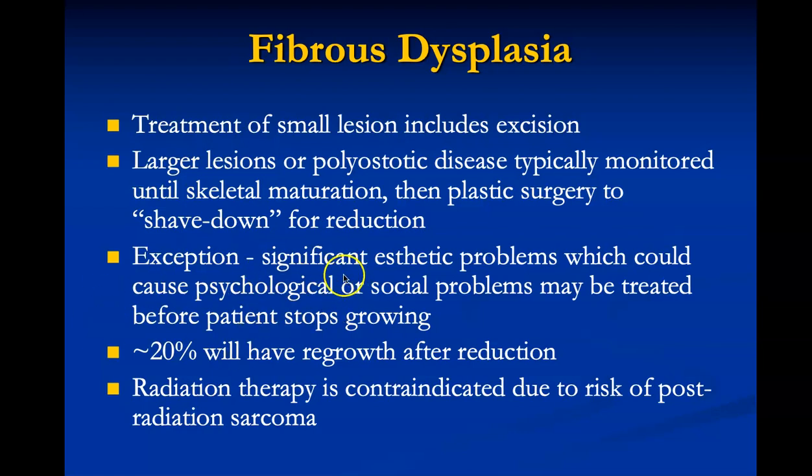Now, the exception to this rule is if the expansion or the change in the bone contours is so exuberant or so large that it could potentially cause psychological or social problems for the child, then they'll go in and they'll try to do some sort of recontouring at a younger age. But they try to not do that as much as possible.